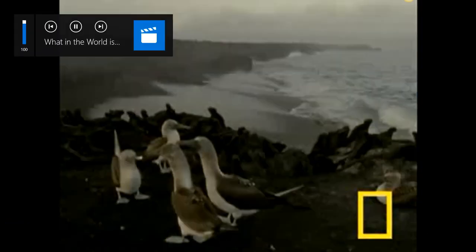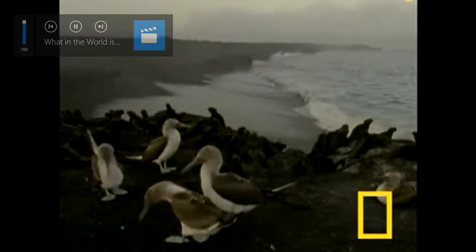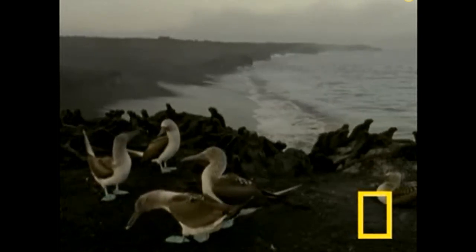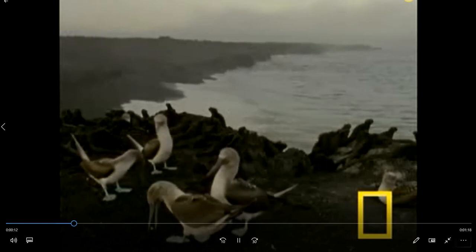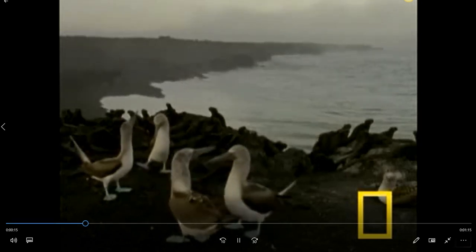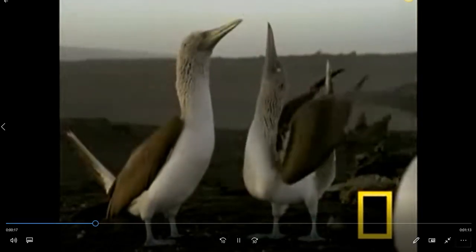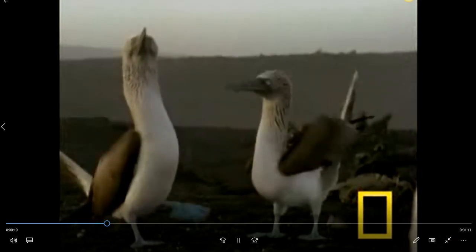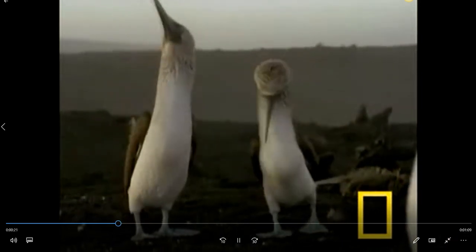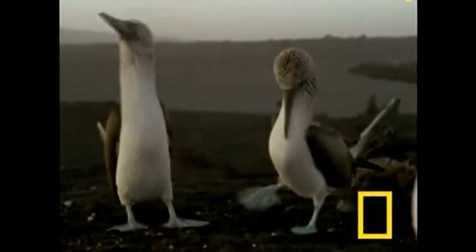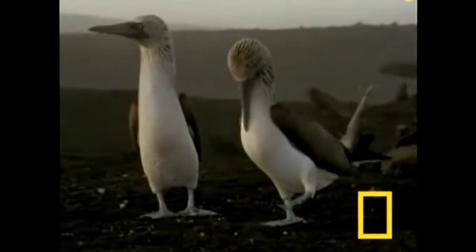It has certain peculiarities. As you might tell from the name of the species itself, blue-footed boobies are no exception to this rule. Here in the Galapagos Islands, this pair of blue-footed boobies check each other out. Now, what is the most important quality the female looks for in a male? Good looks? A steady income?